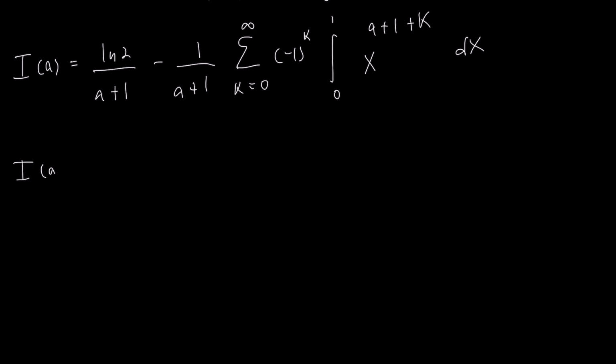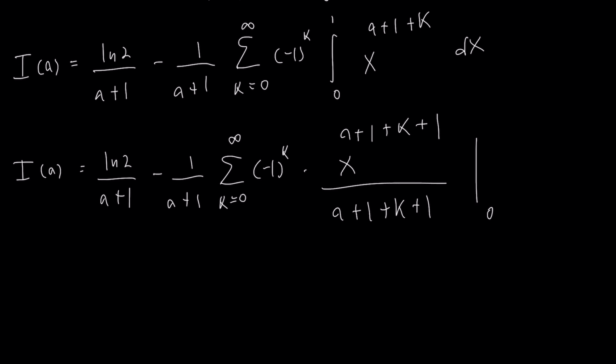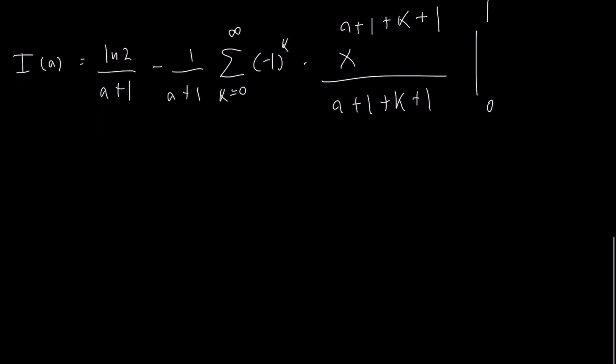So we have I of a is log 2 over a plus 1 minus 1 over a plus 1, and then the sum from 0 to infinity, negative 1 to the k, we'll have x to the a plus 1 plus k plus 1, and then divided by a plus 1 plus k plus 1 from 0 to 1.